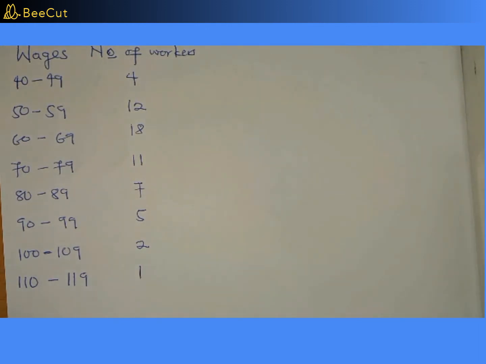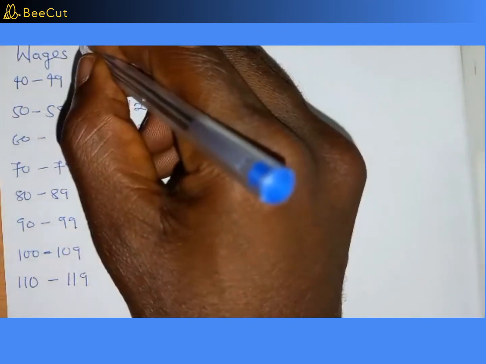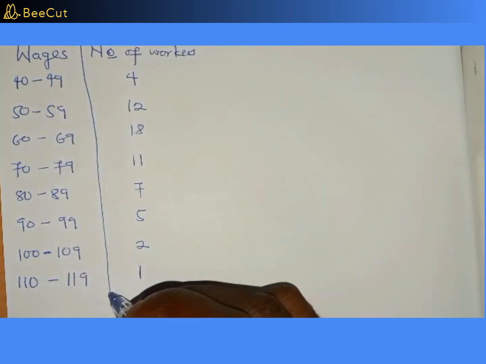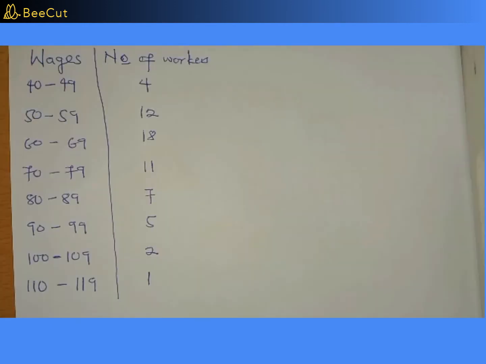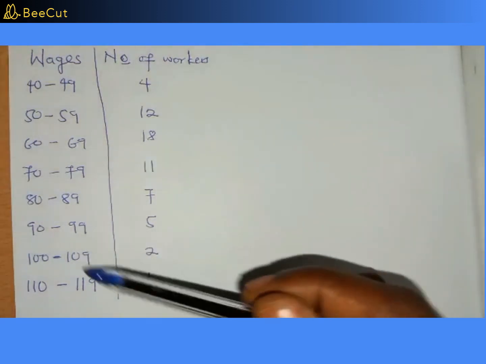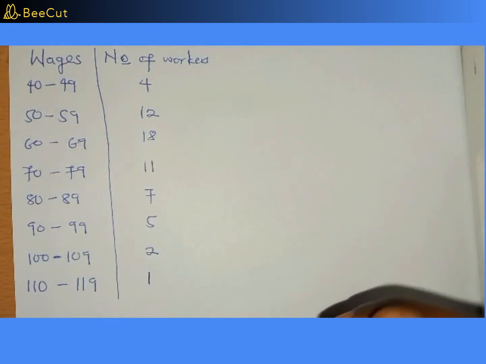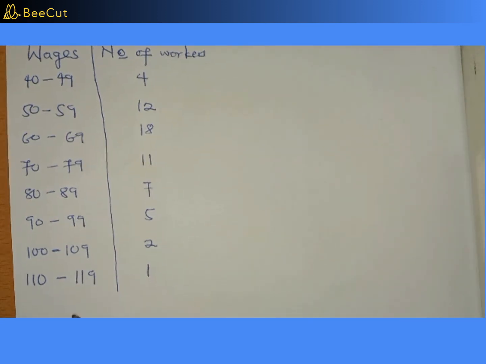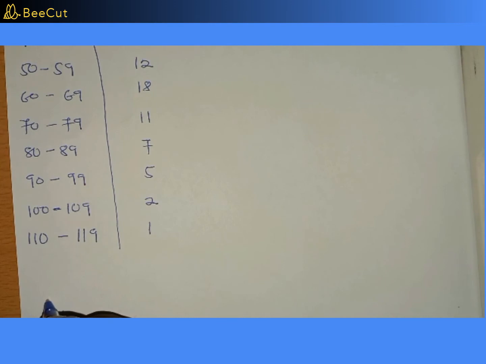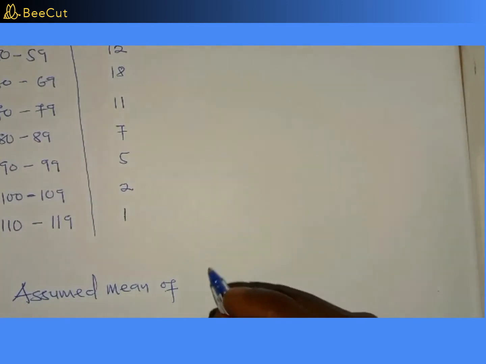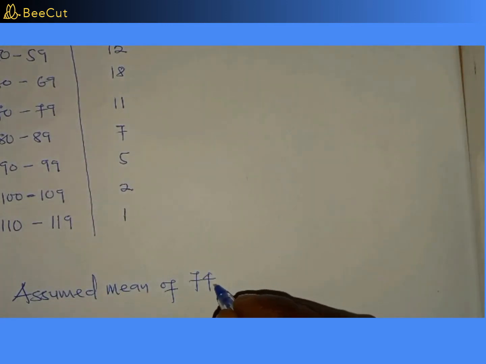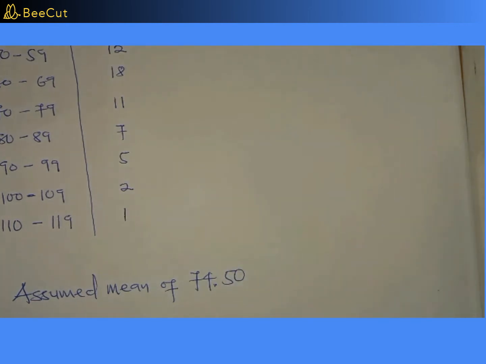Now, if you are given this table with an assumed mean of, let's just say, 74.50, that's what we call the assumed mean.